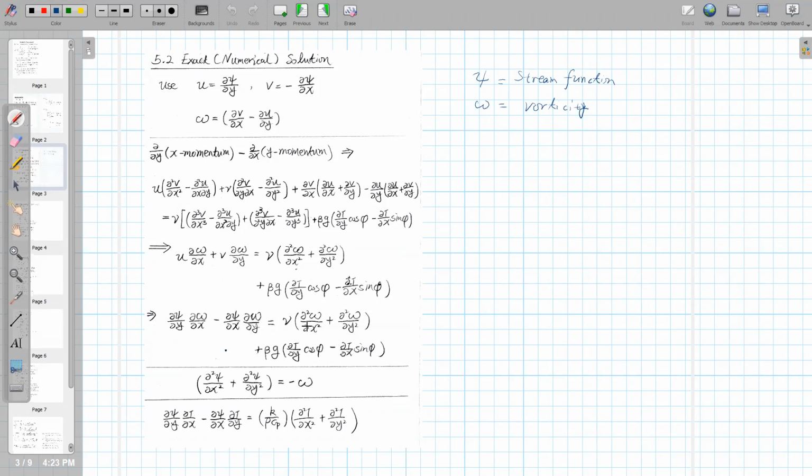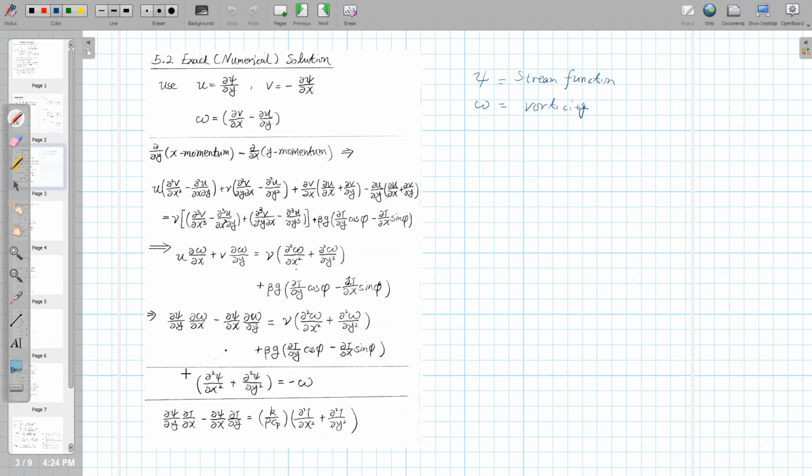And for the energy equation, we can simply replace u and v with the stream function.